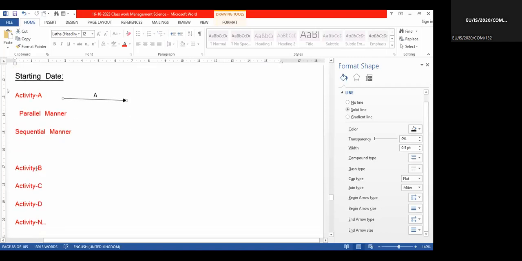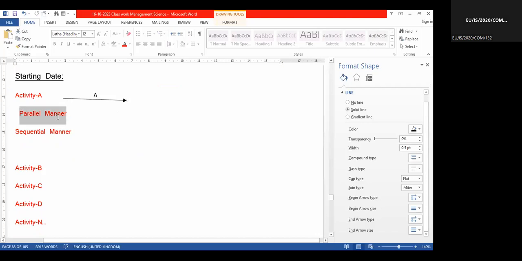Similarly, if you want activity B, we put an arrow mark and put B instead of A. These are traditions in network analysis. To denote an activity, we use an arrow mark. These arrow marks are straight lines, not bending or curved.